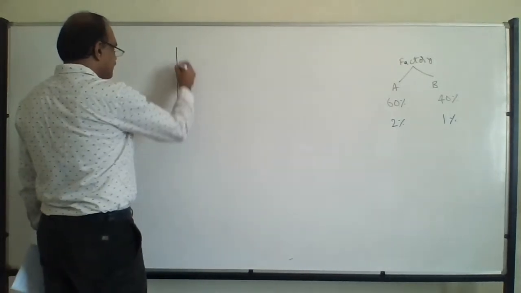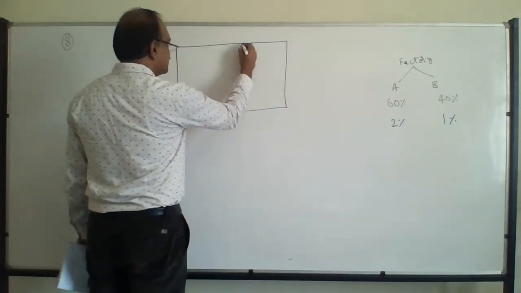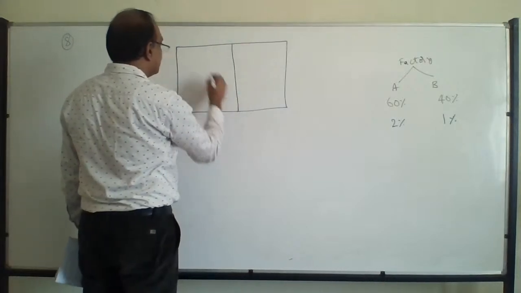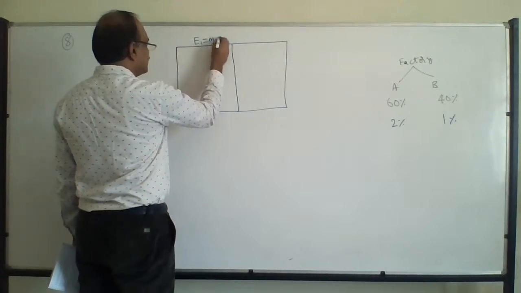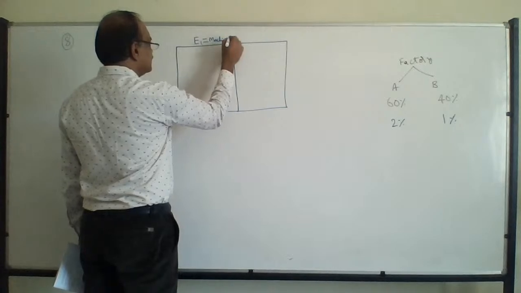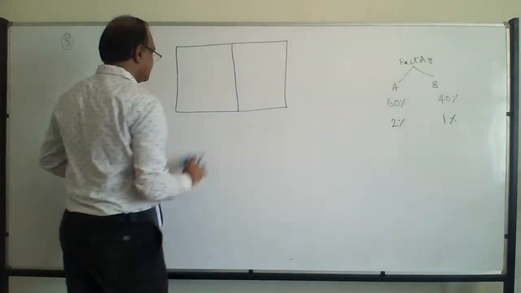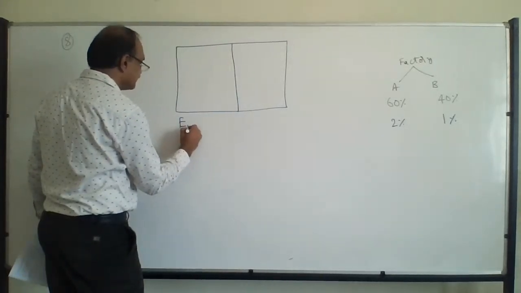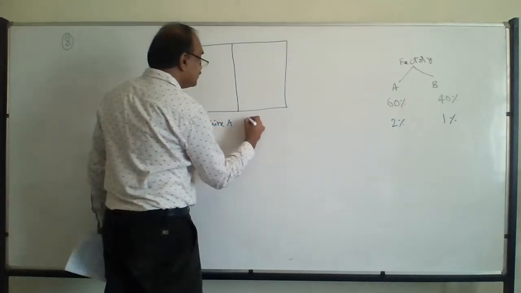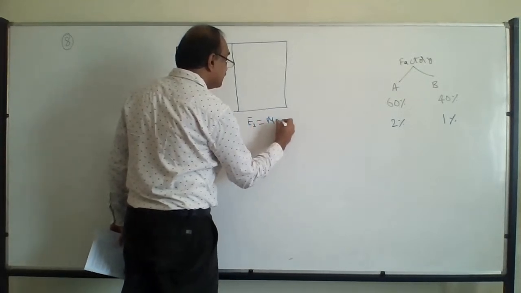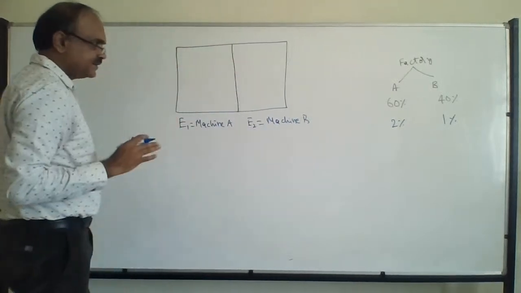Okay. So partitions, it is very easy. Your partitions are machine A and machine B. E1 is basically your machine A. I'll write it down in a bigger font. E1, you are referring to machine A. E2, machine B. Now, a lot of products are being produced.